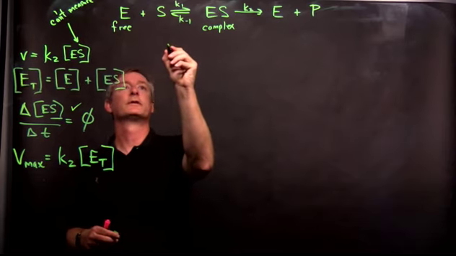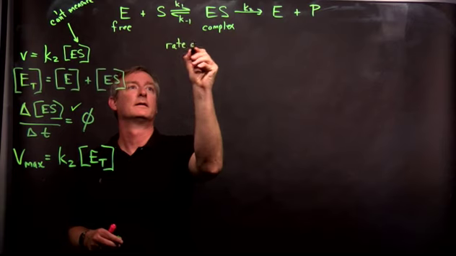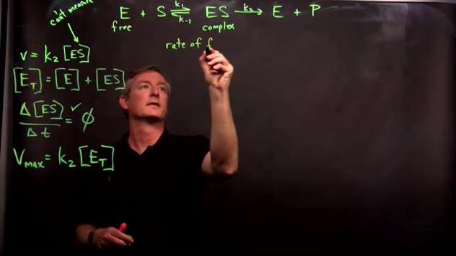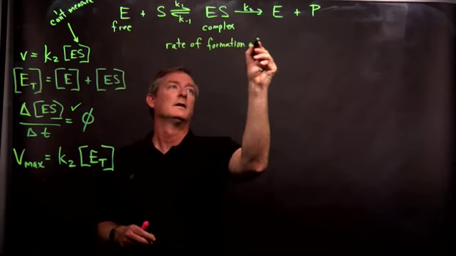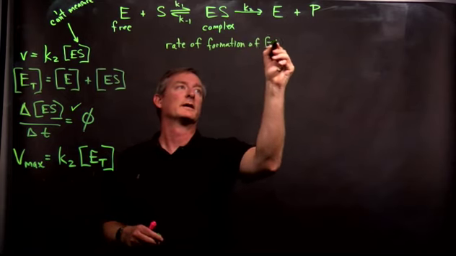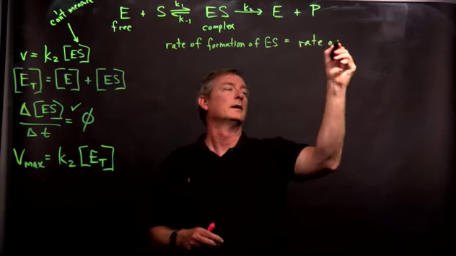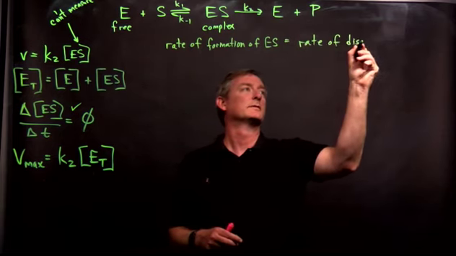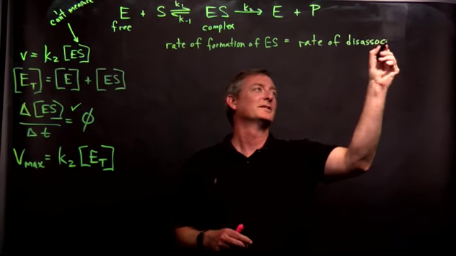So, to describe this equilibrium mathematically, we can say that the rate of formation of the enzyme-substrate complex equals the rate of dissociation.